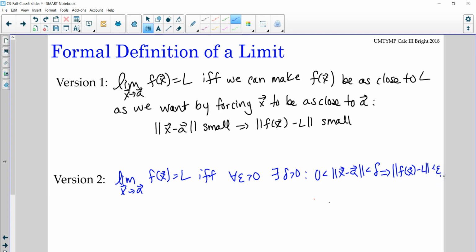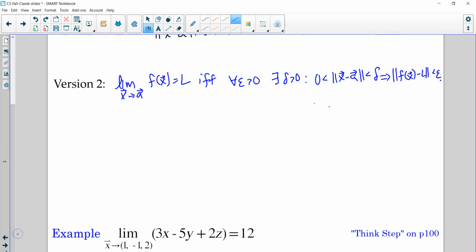That's our definition of a limit. Again, just adapted to three dimensions. Well, that's fun. Let's actually use it in an example.